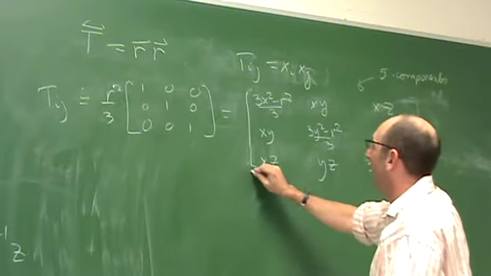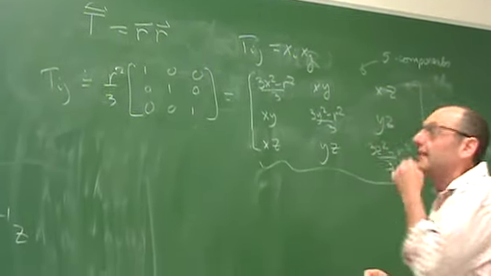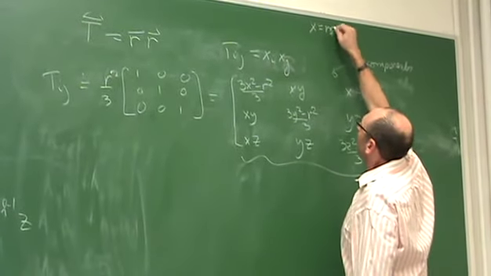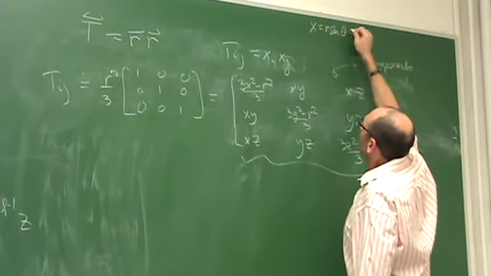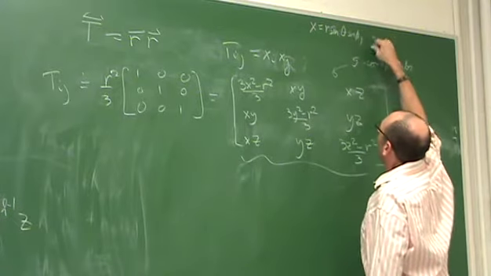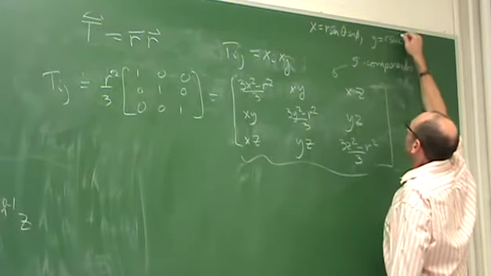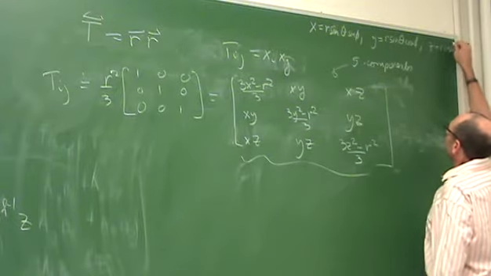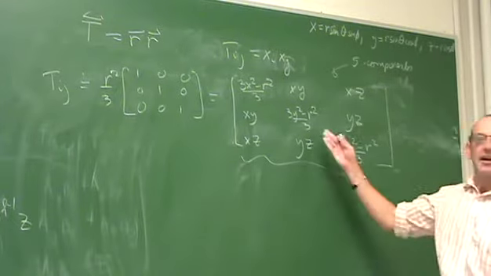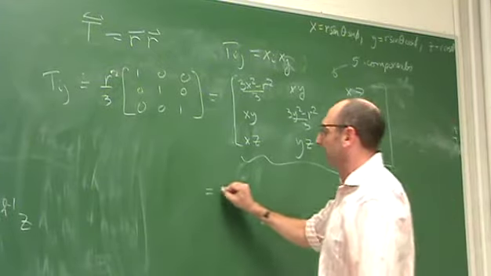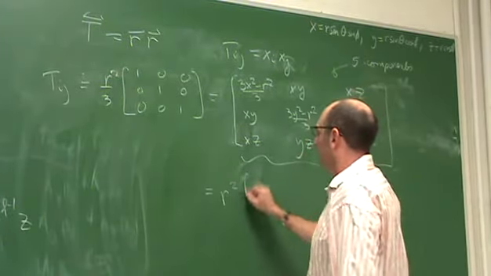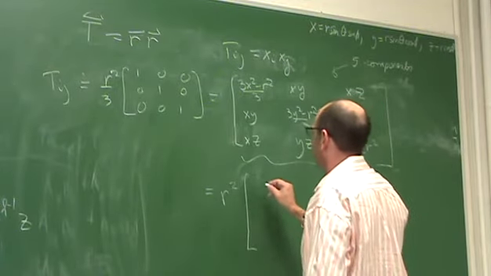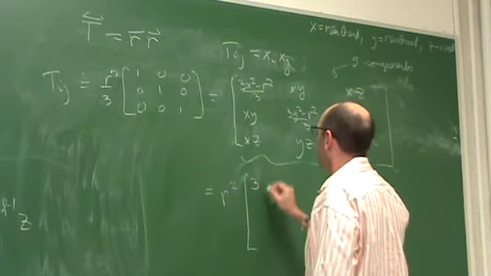So if I were to write this out now in terms of, right, x is r sine theta cos phi, y is r sine theta sine phi, z is r cos theta. Plug that in, I get the following.